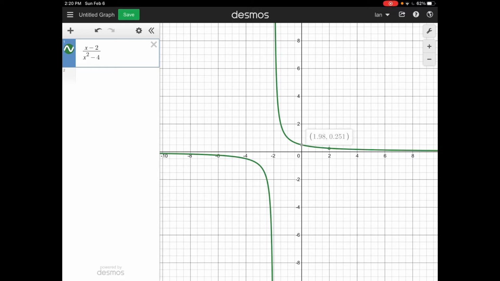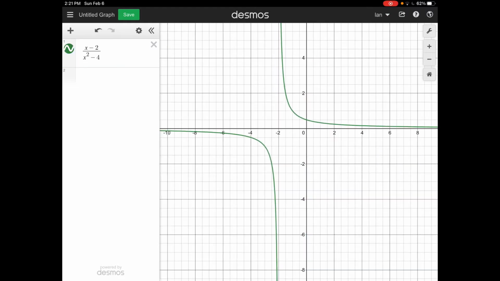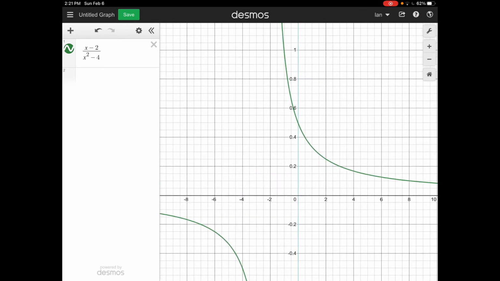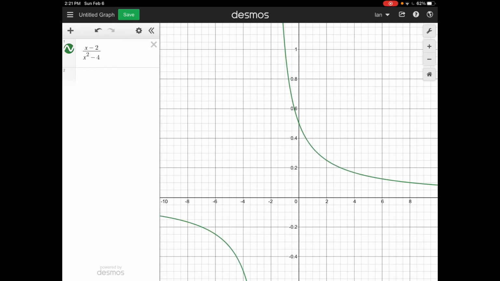I think it's pretty safe to say that the limit's going to be 0.25 or a quarter. Let's change the scale so that maybe we can see what's going on. Ah, there it is. It helps us see it right now. As x goes to 2, it looks like it's going right up to that 5th block, and each block is worth 0.05. So 0.25 seems like the limit.